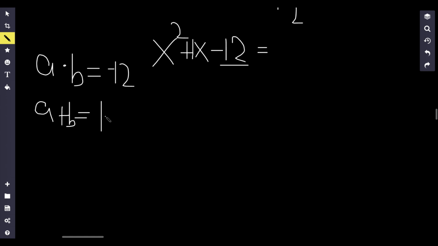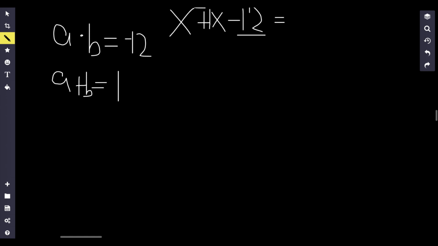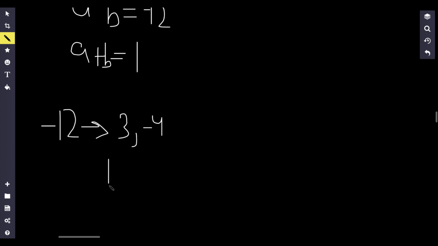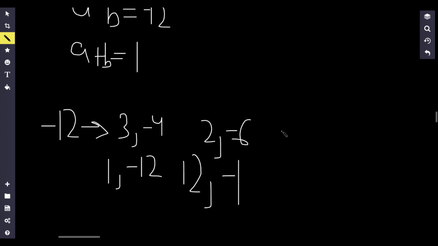One way to do this is to list out all the factors of negative 12. So the factors of negative 12 are 3 and negative 4, 1 and negative 12, 12 and negative 1, 2 and negative 6, 6 and negative 2, and so on.